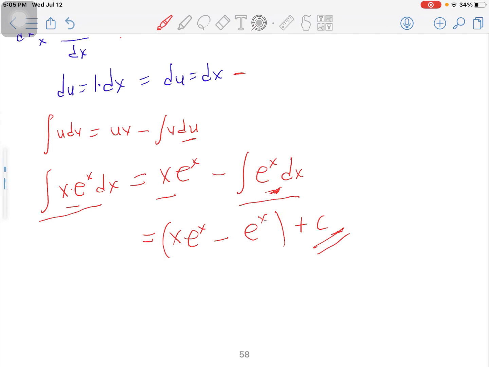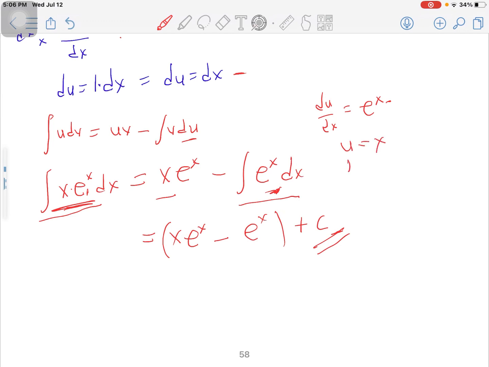So you can see that per what we have done here, mostly we choose u for a function in the question that can reduce that particular function into the simplest form. For example, if we assign u equal to exponent x over here, du dx is still going to give us exponent x, which is not reducing.